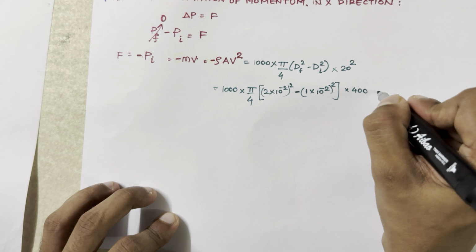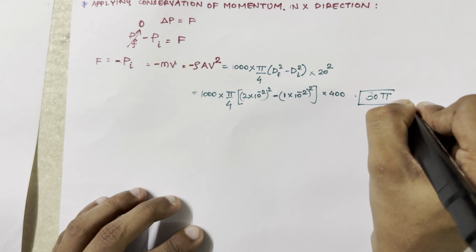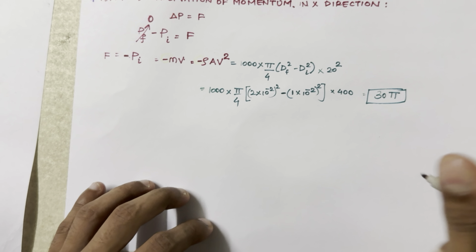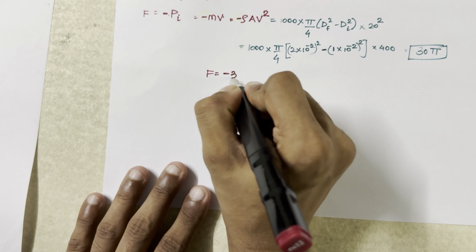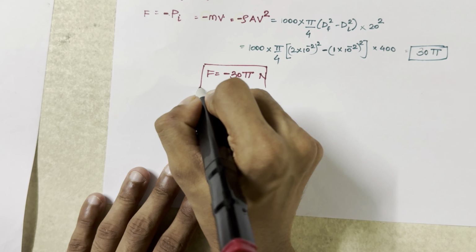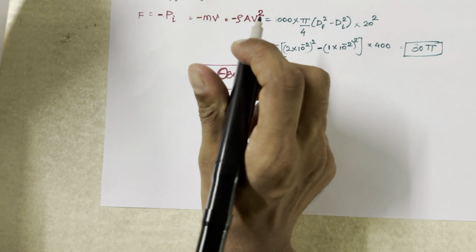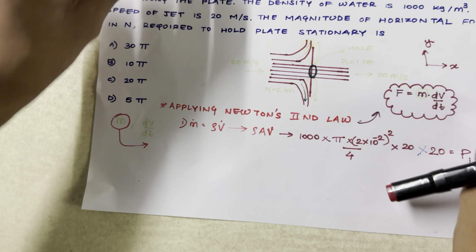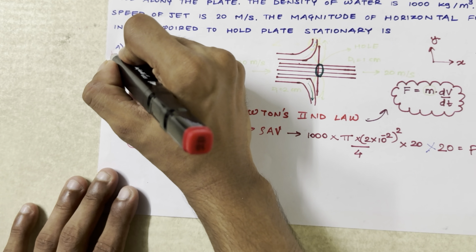If we solve this, we will get 30 pi. And lastly, F is equal to minus 30 pi Newton. I have already told you this negative sign contributes to the directional factor. So the final answer of our problem is 30 pi.